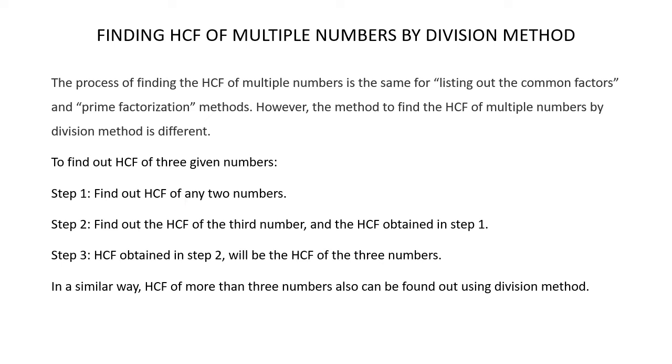First, find the HCF of any two numbers, then find the HCF of the third number and the HCF obtained in the first step. So the HCF obtained in the second step will be the HCF of the three numbers. HCF of more than three numbers can also be found out using the division method in a similar way. Let's understand this with an example.